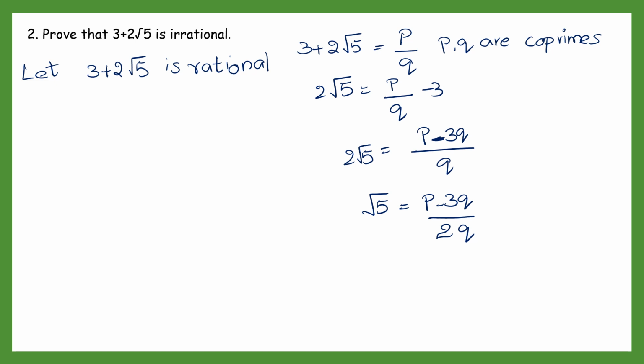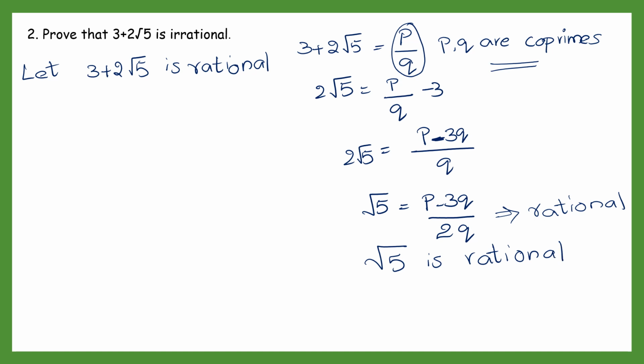So, what did you get here? Here we know that p and q are co-primes and p by q is a rational number. So p minus 3q by 2q is also a rational number. That means we got root 5 is a rational number.